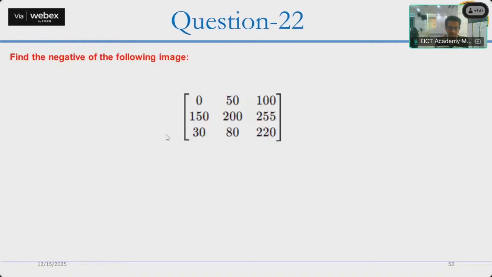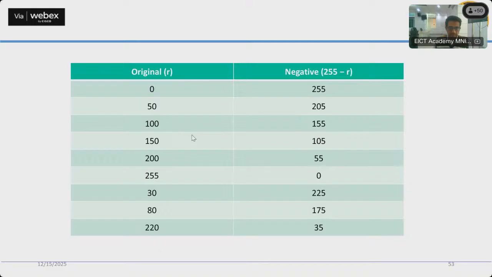For example, you need to calculate the negative of the image. So what do you mean by the negative of the image? See, basically 0 is there, and the highest value is 255. We will do 255 minus this value. Negative means, for example, something that looks white will be seen as black, and something that is black will be seen as white.